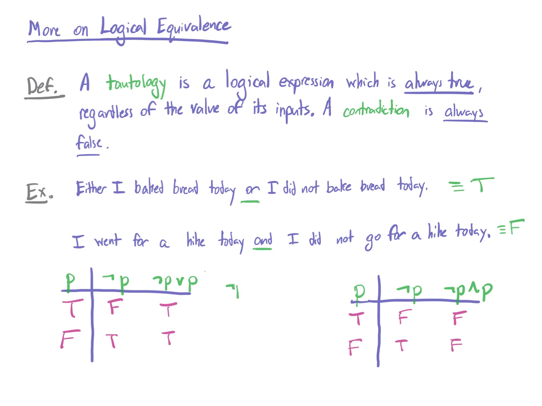One is that not P or P is equivalent to true, and not P and P is equivalent to false. These two logical equivalences are sometimes called laws of the excluded middle. Although you don't have to worry about memorizing that, just remember that not P or P is a tautology, and not P and P is a contradiction.